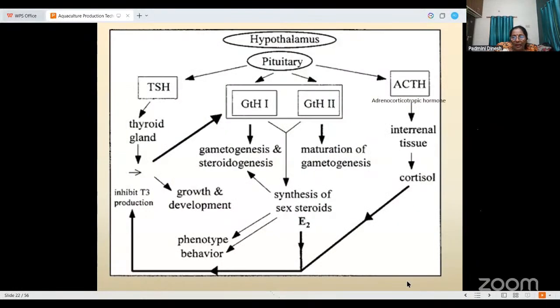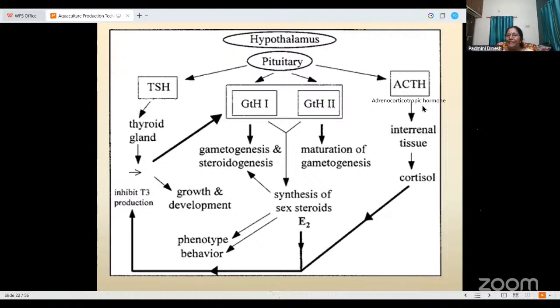So in a simple picture, if you want to understand: the hypothalamus induces the pituitary gland, which induces first the thyroid stimulating hormone, or gametogenesis, that is GTH1 and GTH2, or ACTH. What is this ACTH? Adrenocorticotrophin hormone. This leads to cortisol, which is released during stress.